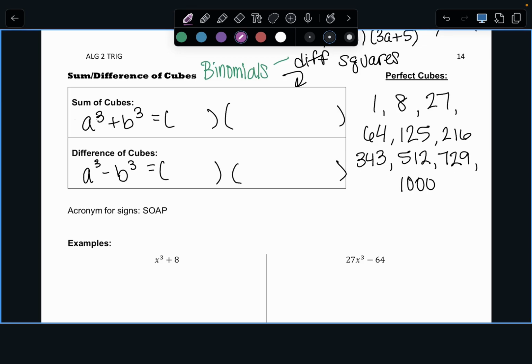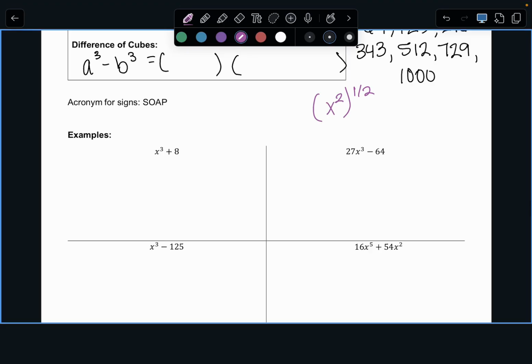Just like for difference of squares, we now take a cube root of both of those terms. So let's talk about what that means really quick. For square roots, I said that's the same as raising it to the 1/2 power. Like the square root of x squared was x. So if I'm looking at a cube root, what power am I really raising it to? 1/3.